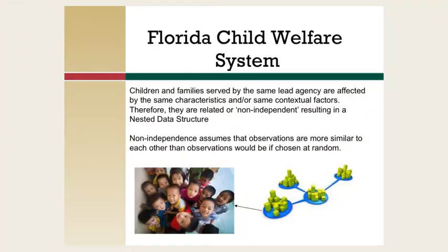At the same time, we know that children and families served by the same community-based care lead agency are affected by the same characteristics and the same contextual factors. So we had what we would call a nested data structure that we were dealing with.